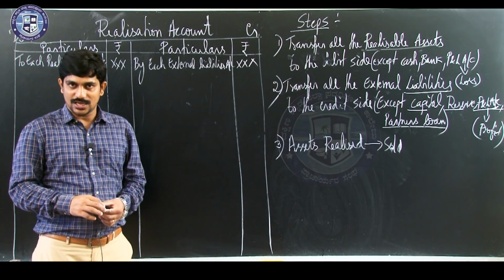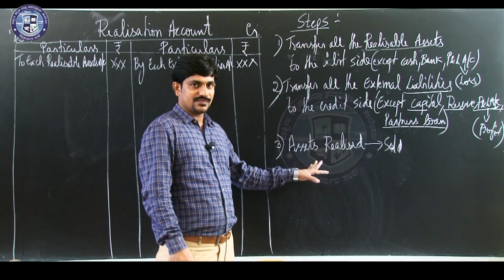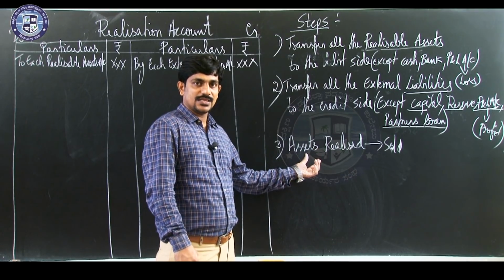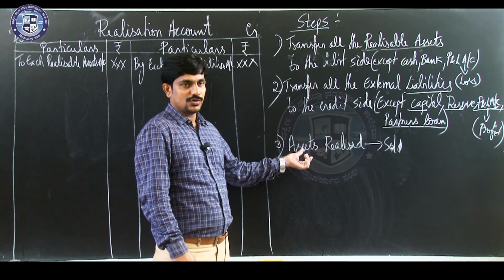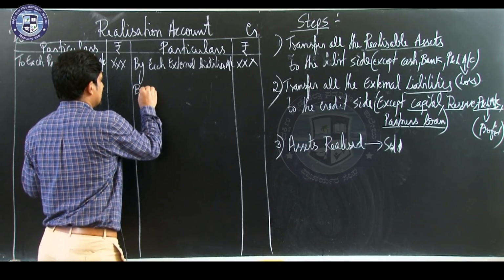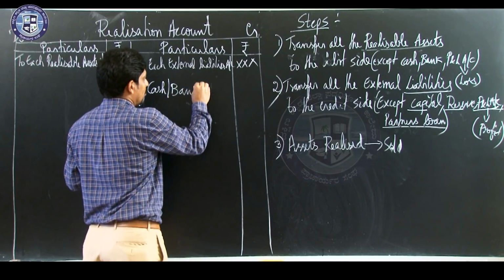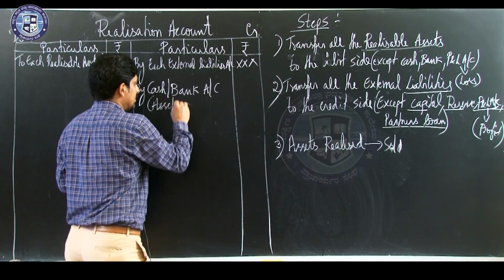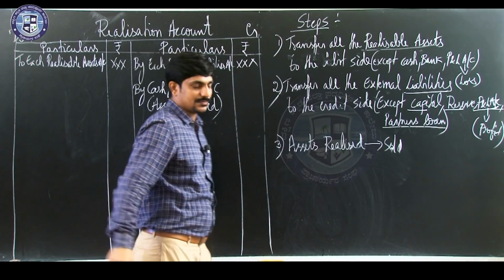Business will receive cash. Partnership firm will receive cash. So assets realized is the income for the business. So assets realized you need to record under credit side by cash or bank account. Assets realized.